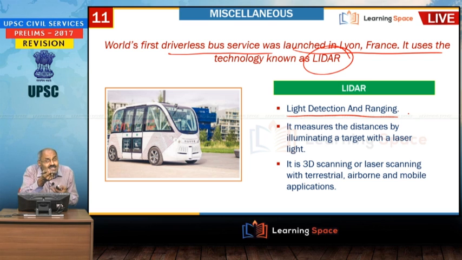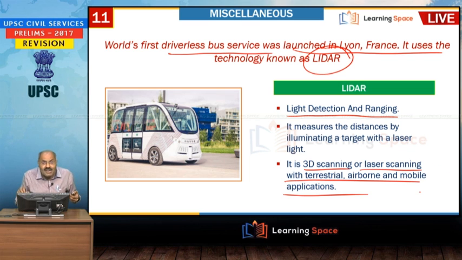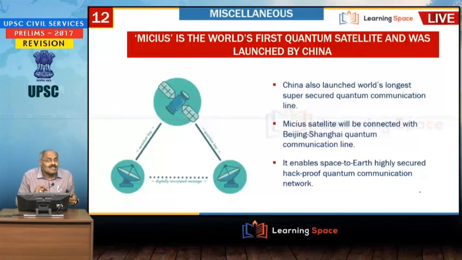So, it measures the distances, and this technology is known as LiDAR technology. It is a 3D scanning or laser scanning with terrestrial, airborne and mobile applications. So, driverless bus service or driverless vehicles are in the news. So, please don't forget the LiDAR, right?